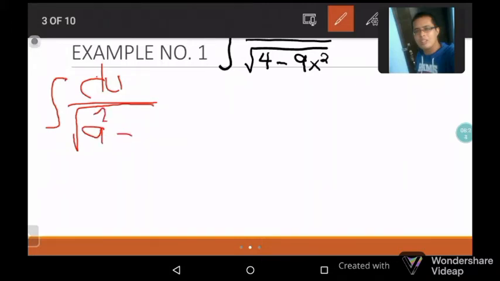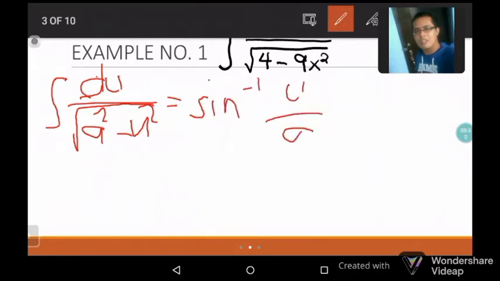Okay, anong equivalent nga ulit itong formula na to? The integral of du over square root of a squared minus u squared. So that's arcsine u over a.